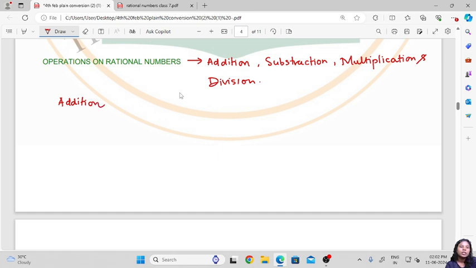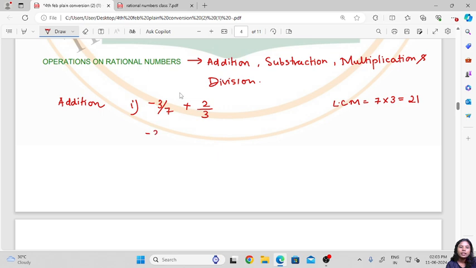Let's take an example of minus 3 by 7 plus 2 by 3. So first step remains the same, we take out the LCM and we make the denominator same. So the LCM will be 7 into 3, which is 21.